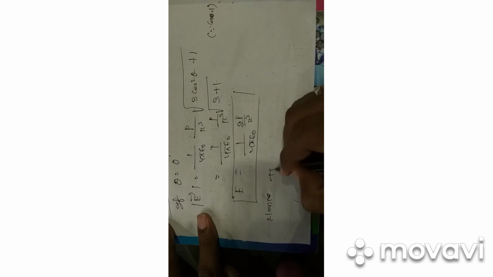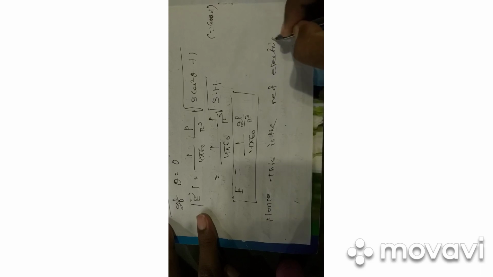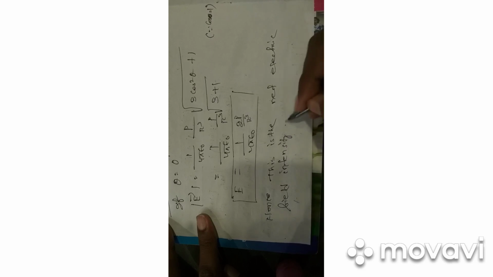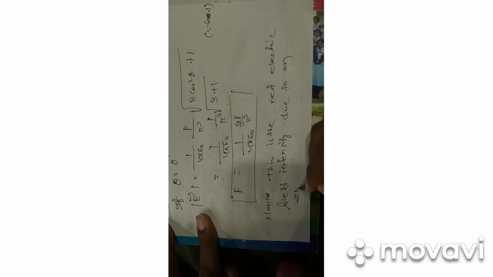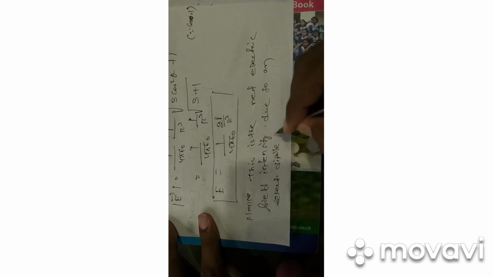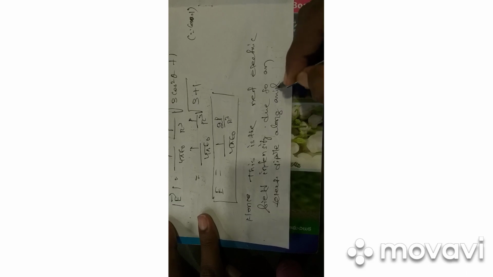Hence, this is known as the net electric field intensity due to an electric dipole along the axial line.